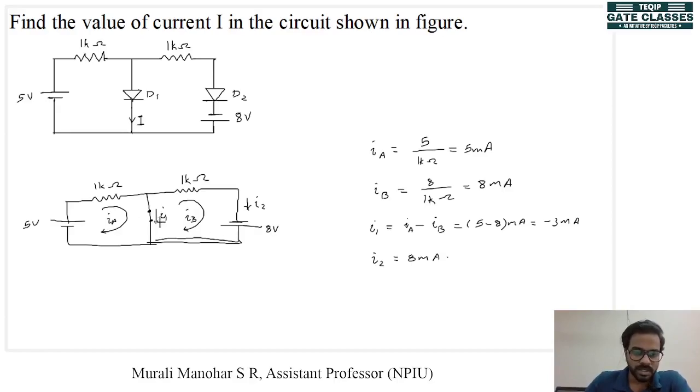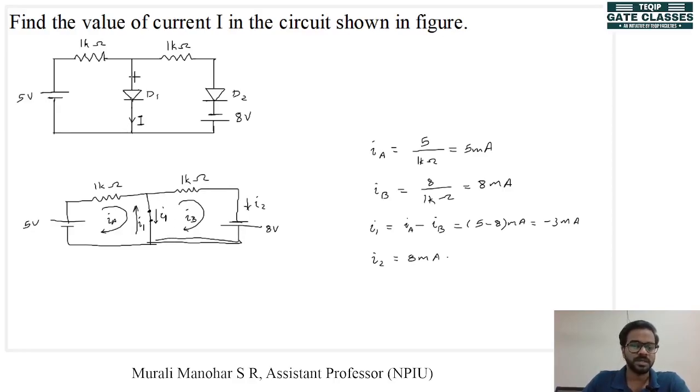If you look at the circuit, we have found a direction for I1 by our assumptions, but the value of I1 is negative. It is minus 3 milliampere. What does it mean? It means that the actual direction of I1 is this.